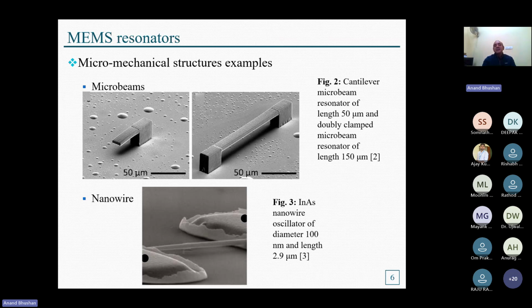On the right-hand side is a bridge type device, 150 micrometers long, which is a doubly clamped micro beam resonator. Similarly, at the bottom, figure 3 shows an indium arsenide nanowire oscillator of diameter 100 nanometers and length just 2.9 micrometers. So these are the types of micro and nanomechanical structures used in MEMS to operate as a resonator or oscillator.